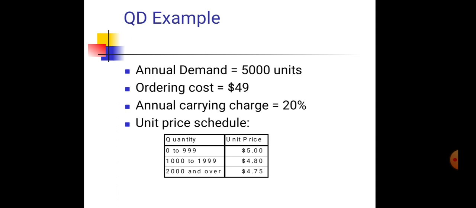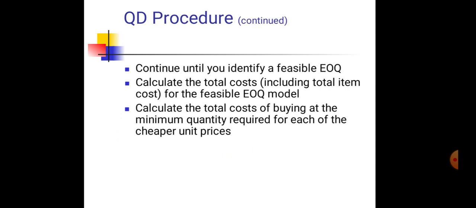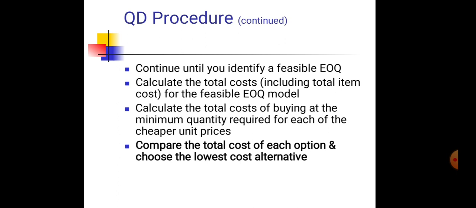Now you can improve this EOQ by changing the order quantity and unit price, and you can find the optimum solution from that. Continue until you identify a feasible EOQ. Calculate the total cost for the feasible EOQ model, and calculate the total cost of buying at the minimum quantity required for each of the cheaper unit prices. Compare the total cost of each option and choose the lowest cost alternative.